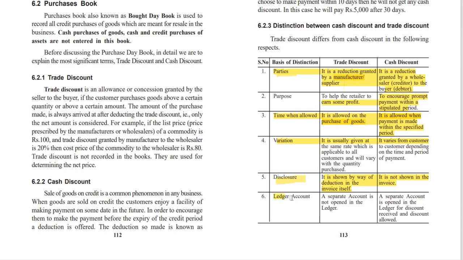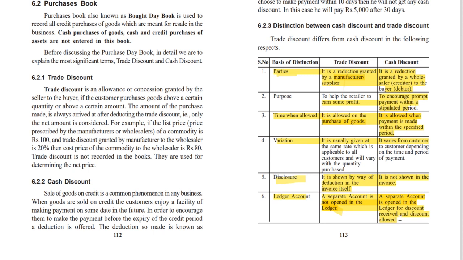Okay, the ledger. In the ledger account, a separate account is not opened for the trade discount. But when it comes to cash discount, a separate account is opened in the ledger for discount received and discount allowed. When we were preparing the personal account books, we had a problem showing trade discount: 15,000 worth of goods were purchased and 10% trade discount was received.